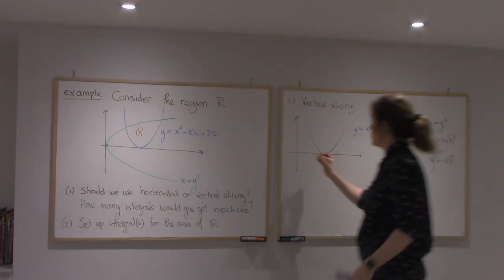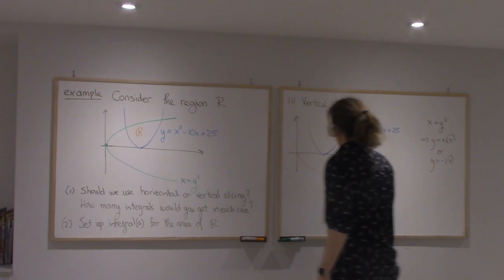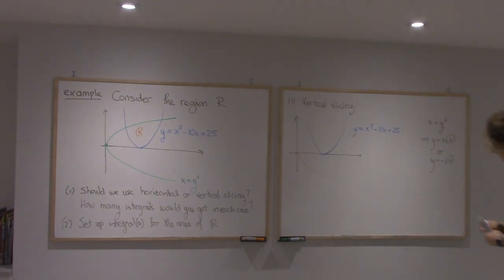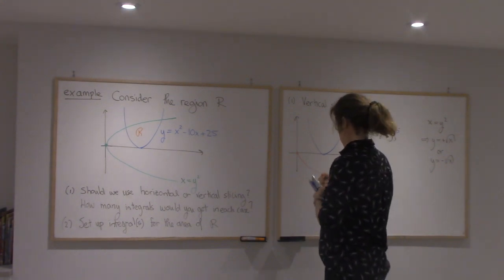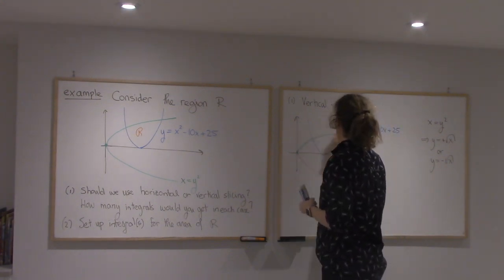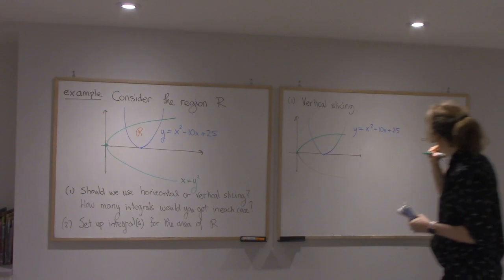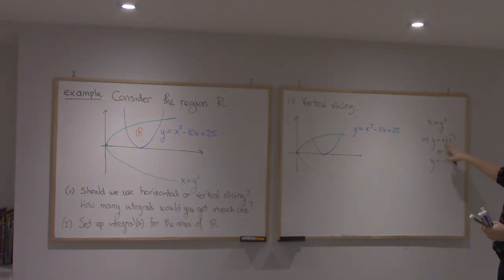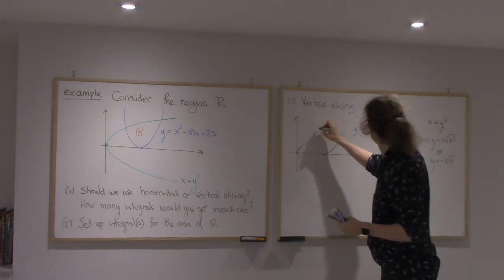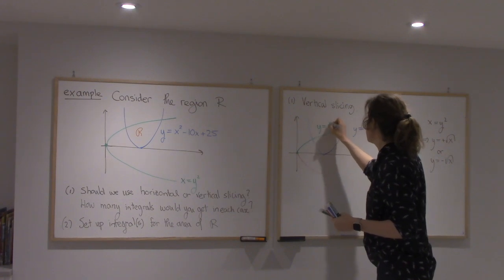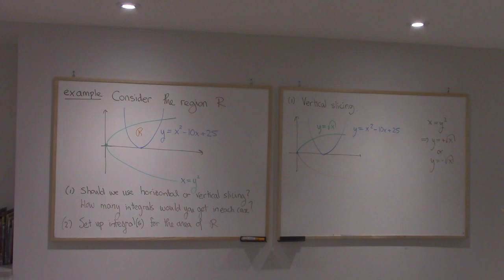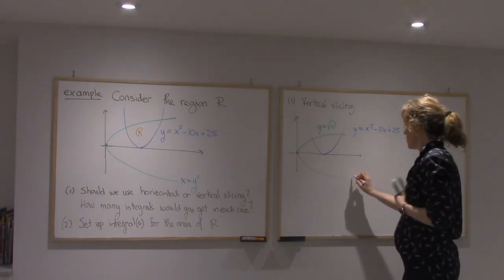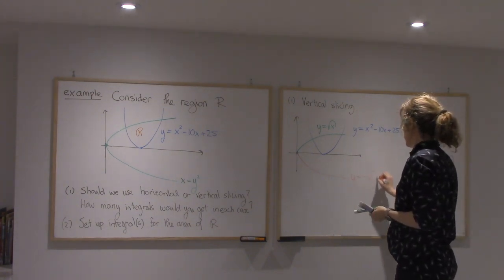Let's use red for one and green for the other. These would have positive y, so this one would be y equals root of x. And you know that graph, it's one of the standard ones. This one is y equals minus root of x.